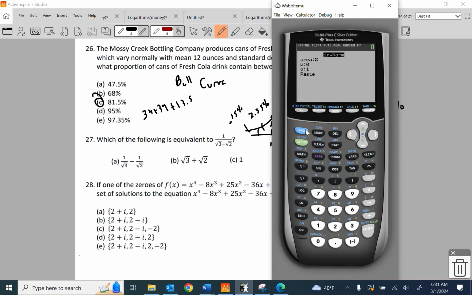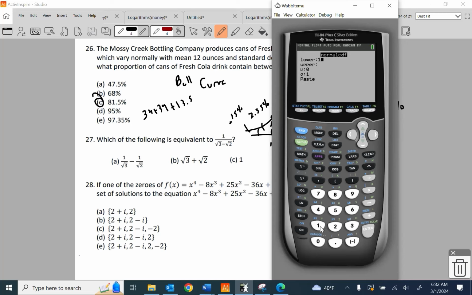No, not inverse norm. Second vars. Must be normal probability distribution formula. No. Give me a second. Second vars. Normal cumulative. Yeah, there we go.